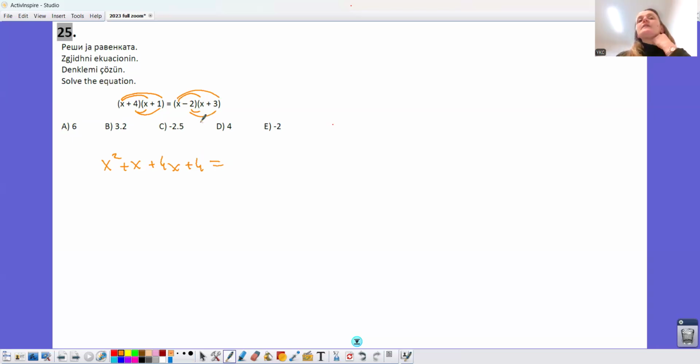Then on the other side, we have x times x, again x squared. x times 3, 3x. Now here I have minus 2 times x, which will be minus 2x. Minus 2 times 3, which will be minus 6. Now, when you have the same terms on both sides with the same signs, you can cancel them.